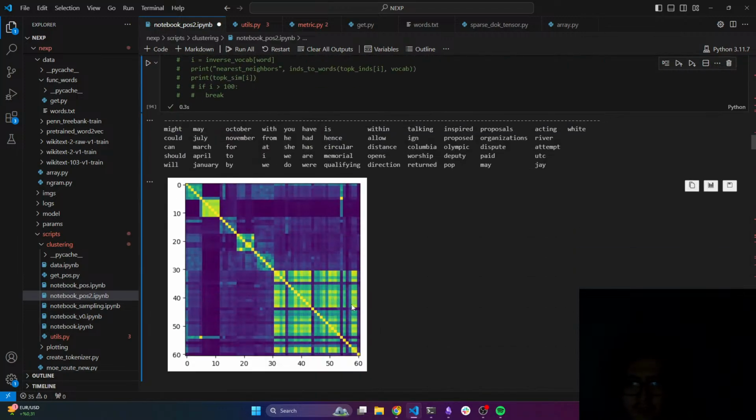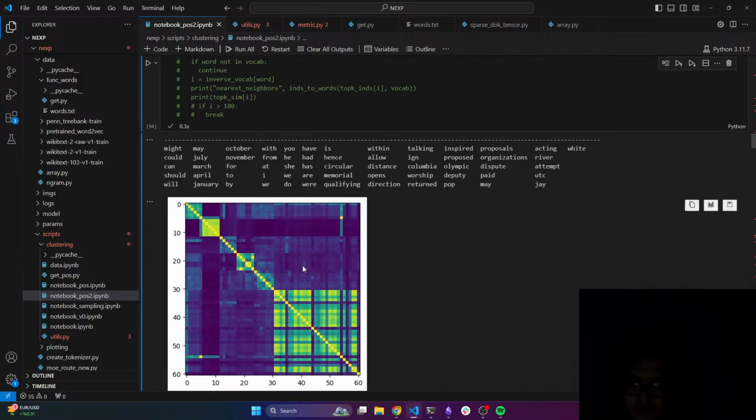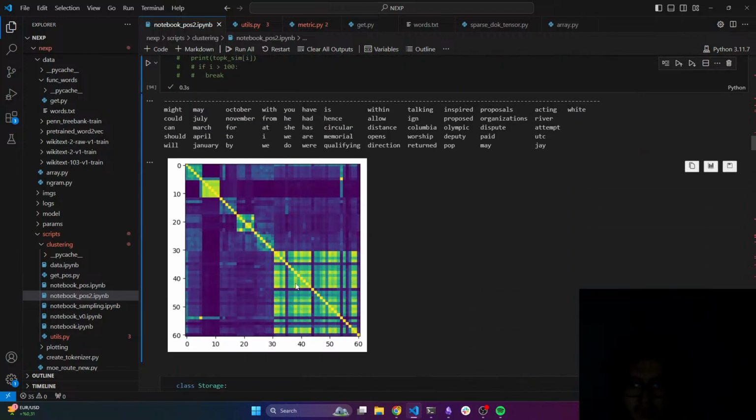5K. Now suddenly these are similar to each other for some reason. If I use 5,000 context words, then suddenly they are all self-similar. Why? For what reason exactly?